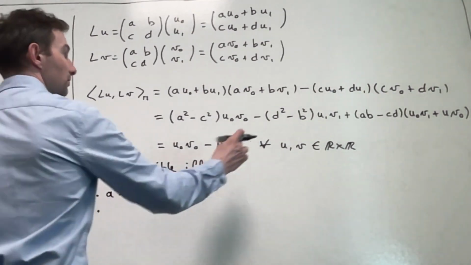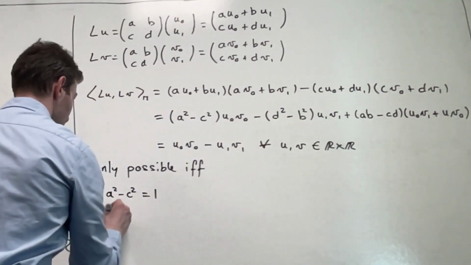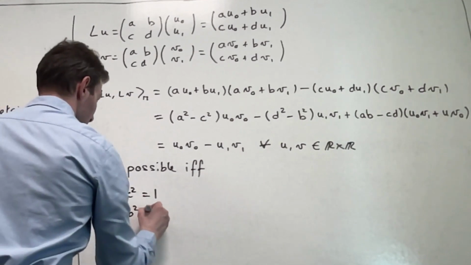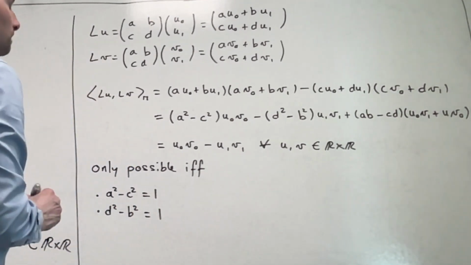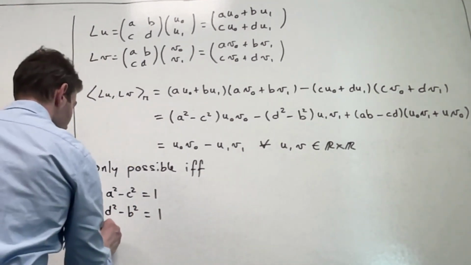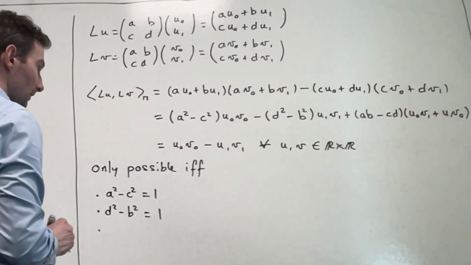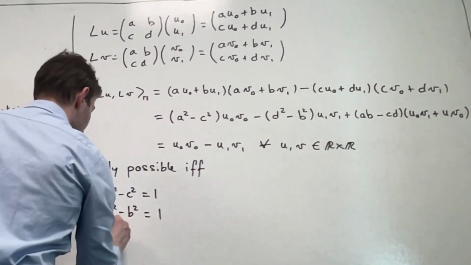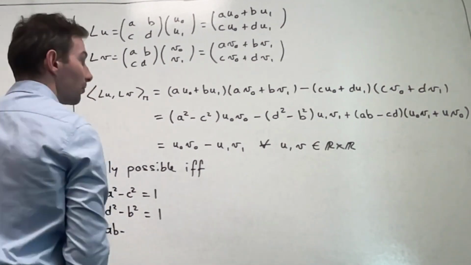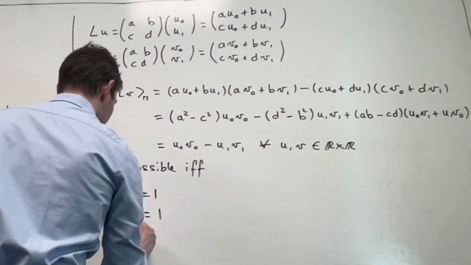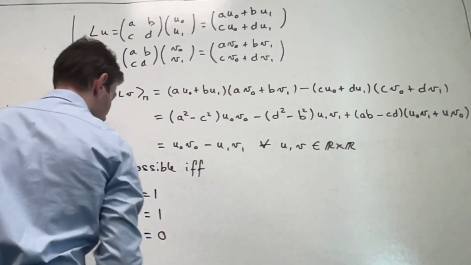Then we need to have D squared minus B squared is equal to 1. And then we need to have here AB minus CD is equal to 0.